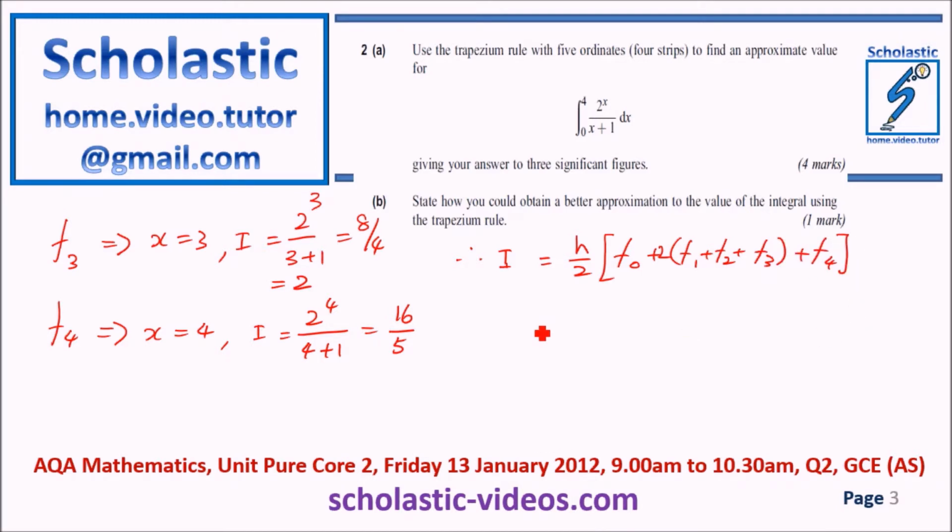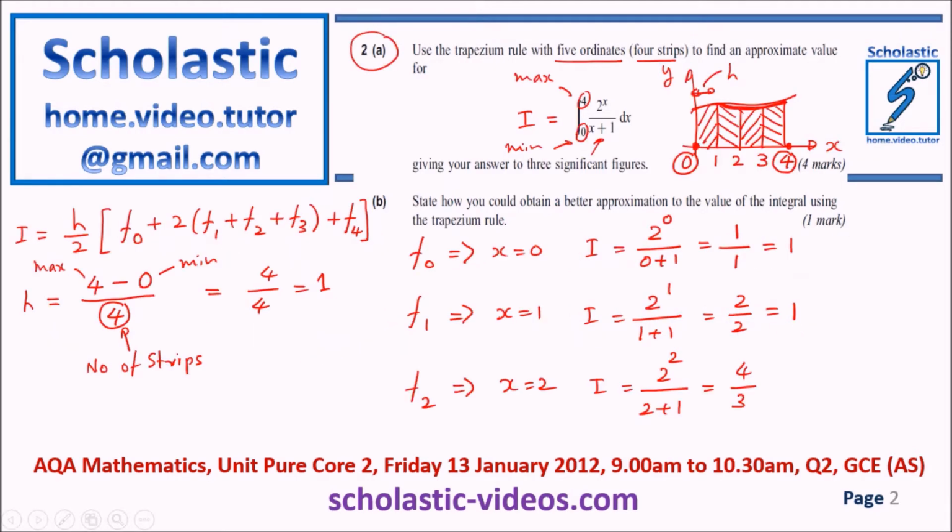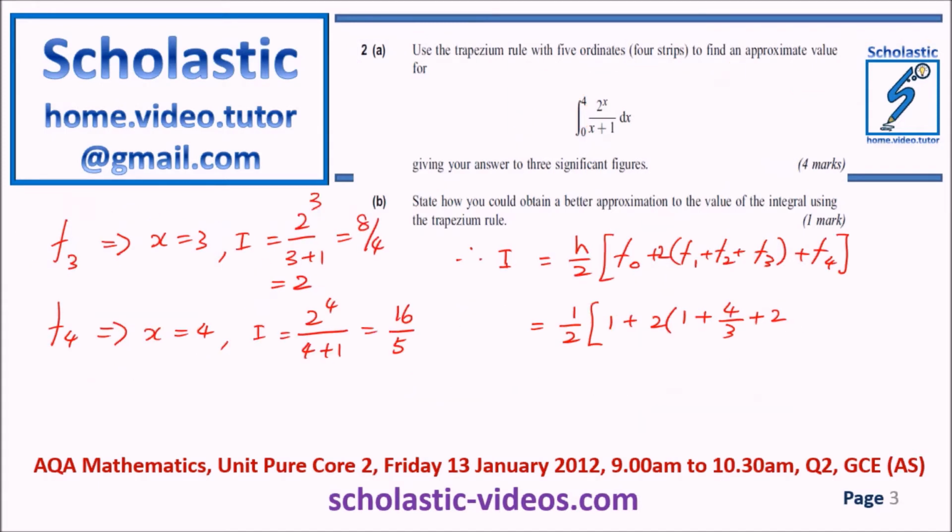So h is equal to 1, divided by 2, times f0, which we found is equal to 1, plus 2 times f1 plus f2 plus f3, where f1 is 1, f2 is 4 by 3, f3 is 2, and close bracket, plus f4, which is equal to 16 over 5.